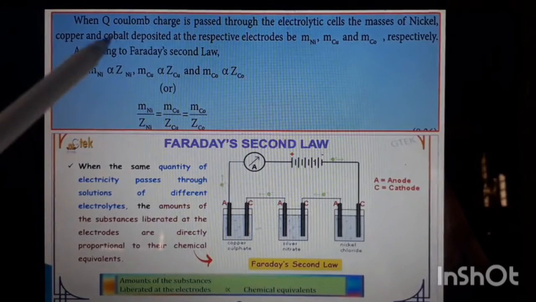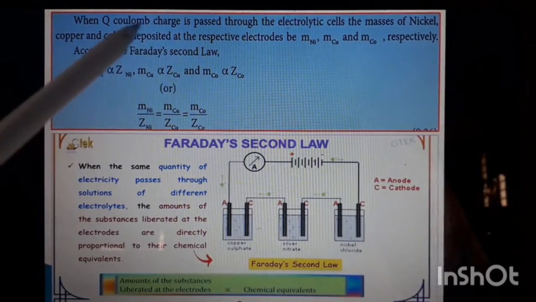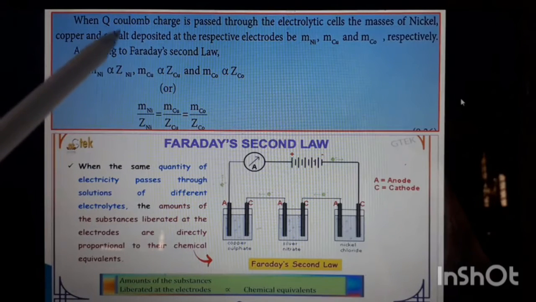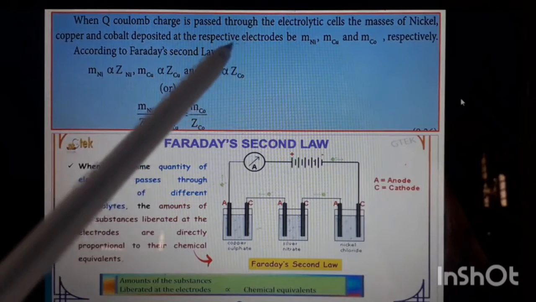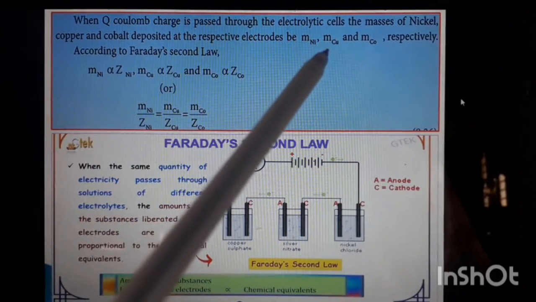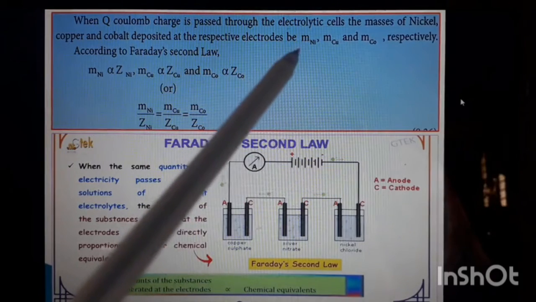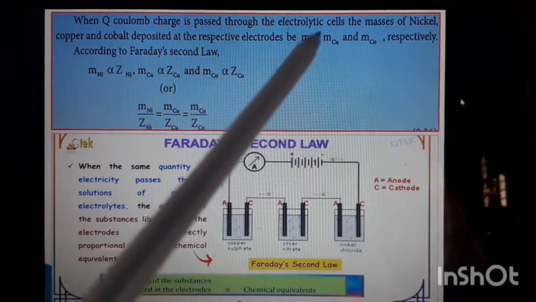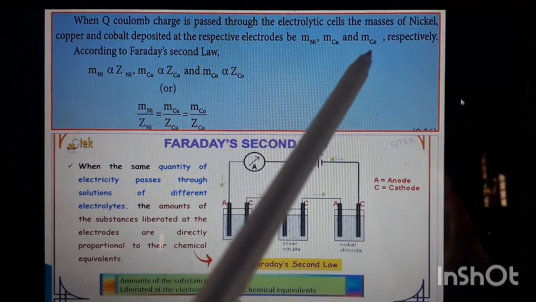Q coulomb is passed through the electrolysis. The masses of nickel, copper and cobalt deposited at the respective electrodes are M nickel, M copper and M cobalt.